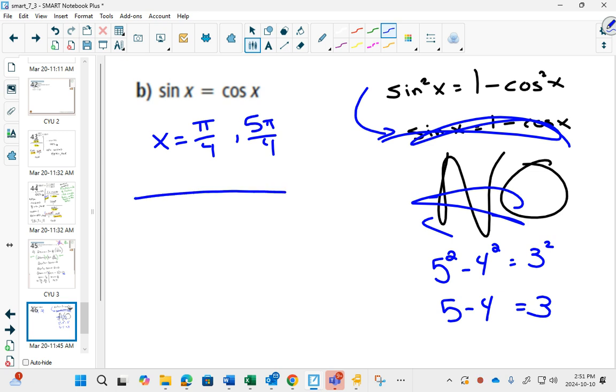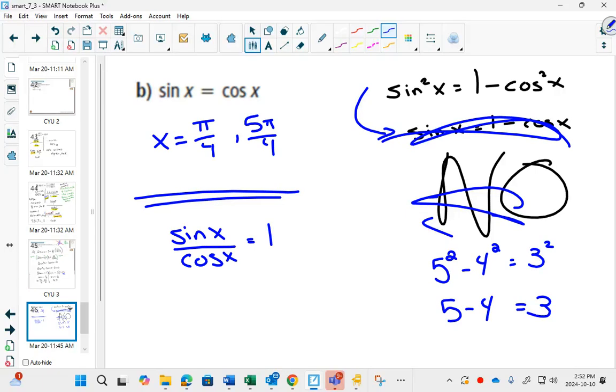There is a way to do this one with identities. If I take that equation and I divide both sides by cos, which is a little bit dangerous, because sometimes when you divide by sine or divide by cos, you might be dividing by 0 without knowing it. But in this case, if cos is 0, is sine 0 at the same time?